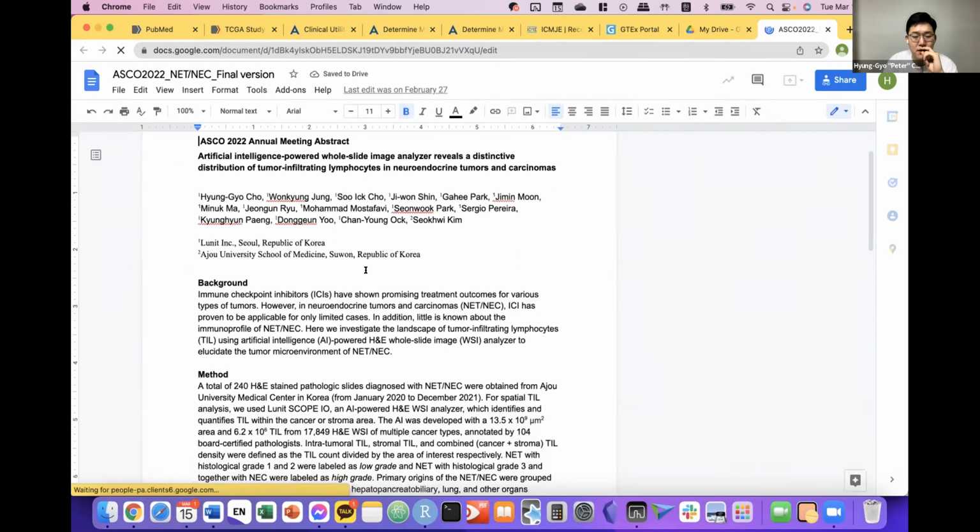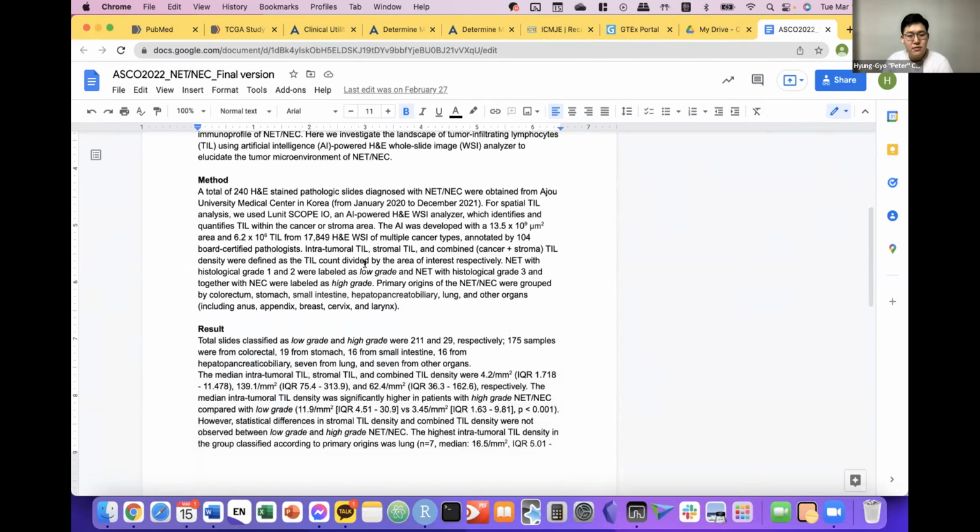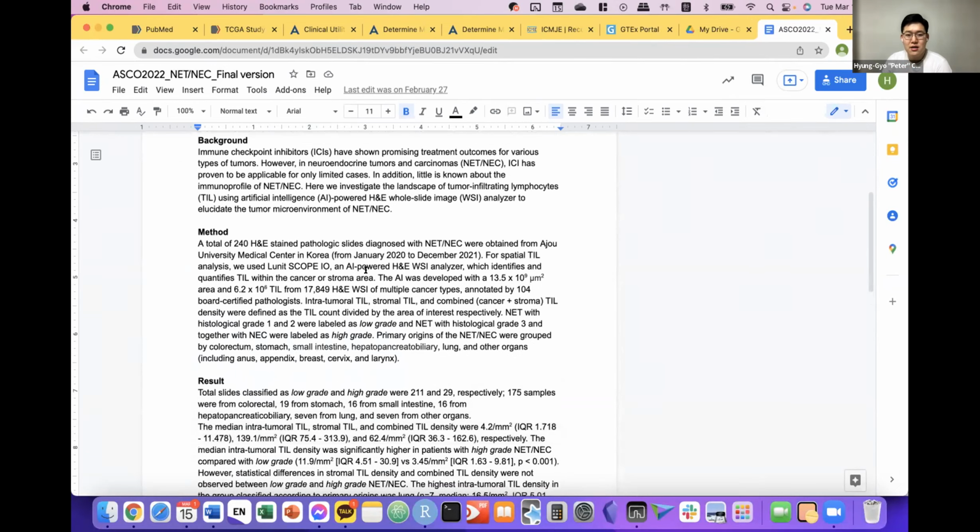This is the abstract, and we are writing the manuscript. What was interesting is that in your clinical trial, SWOG 1609, the high grade neuroendocrine neoplasm was effective to dual immunotherapy.